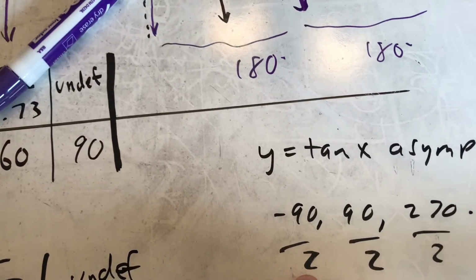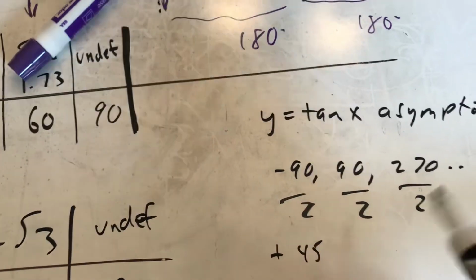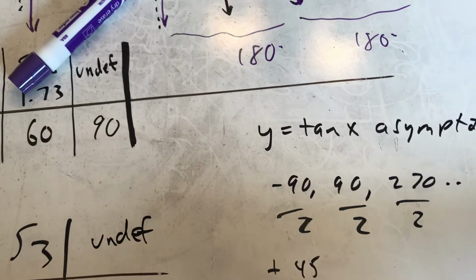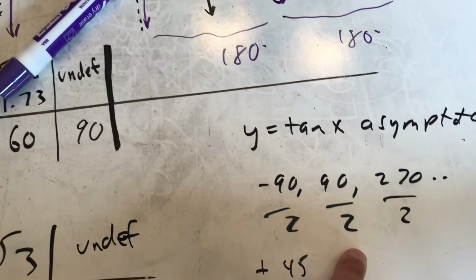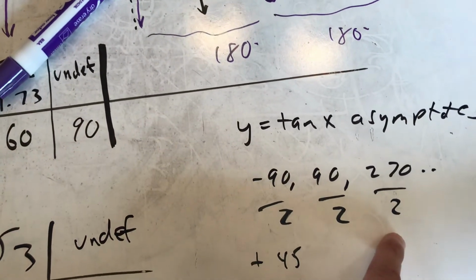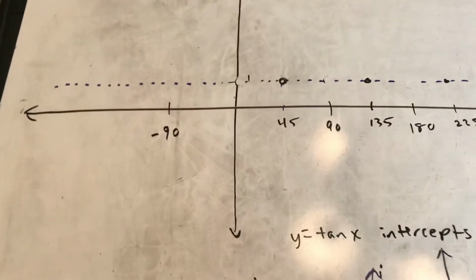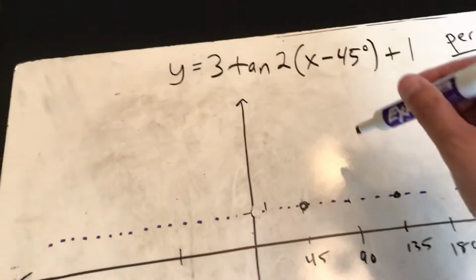If we add 45 to each of these, it's going to take us to 0, to 90, and to 180, I think. Anyway, you can decide. I usually just focus on the intersection points, and I know the asymptotes are going to be halfway in between.